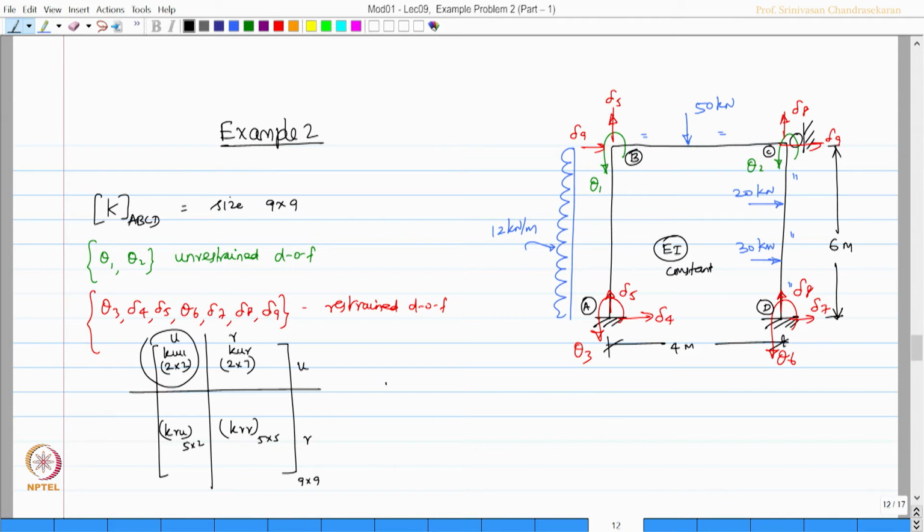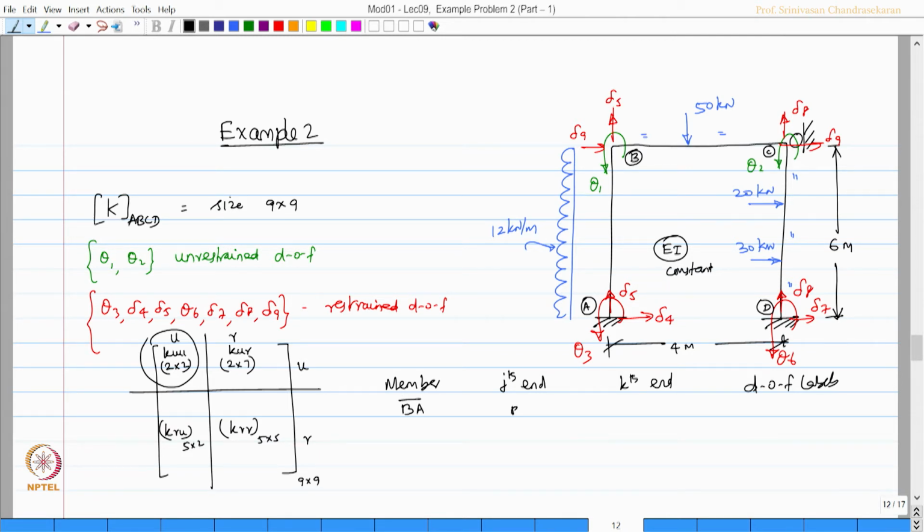Let us also write another statement from this figure. Let us talk about the member. Let us say what is my jth end and kth end, which is the orientation of the member, and what are the degrees of freedom labels. Let us talk about member AB. So, I am writing this as member BA. Okay.